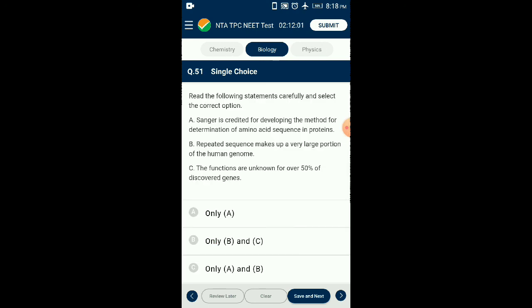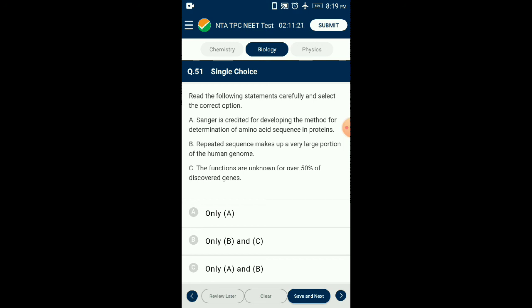Question number 51. Read the statements carefully and select the correct option. Here three statements are given. Frederick Sanger invented the method for sequencing of protein and nucleic acid, which is used in the Human Genome Project. In 1945, he developed a three-stage method for identification, quantitative measurement, and characterizing of terminal amino acids in insulin.